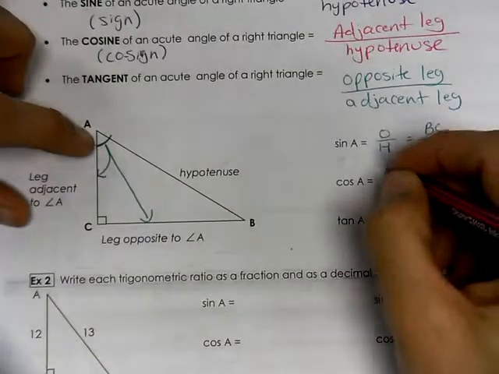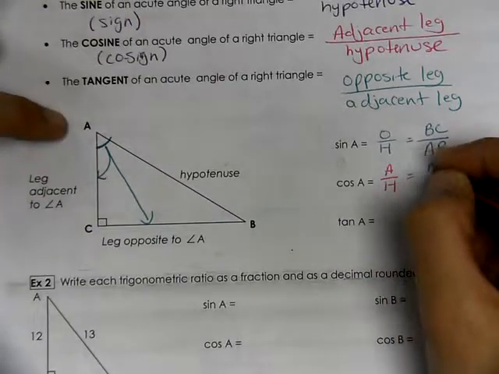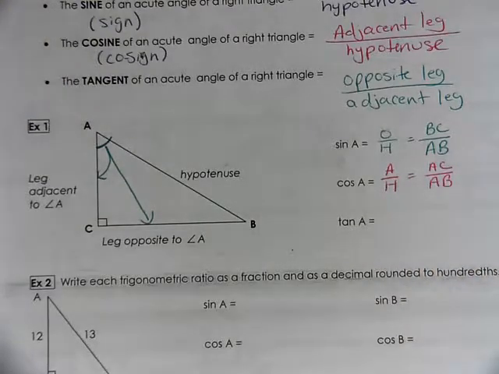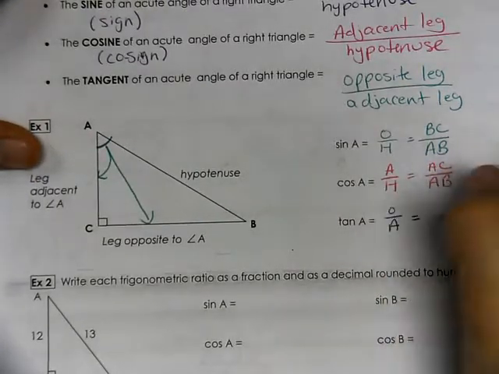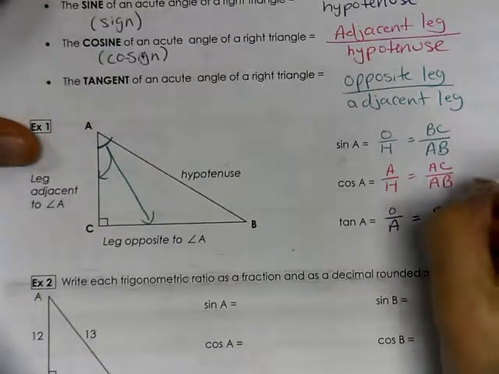Cosine is the adjacent over the hypotenuse. So that's AC over AB. Tan is the opposite over the adjacent, which is BC over AC.